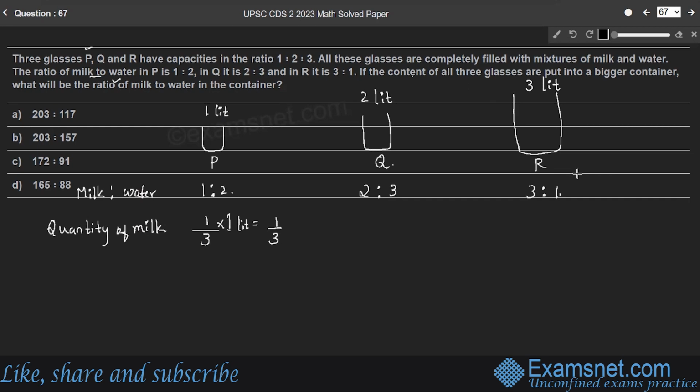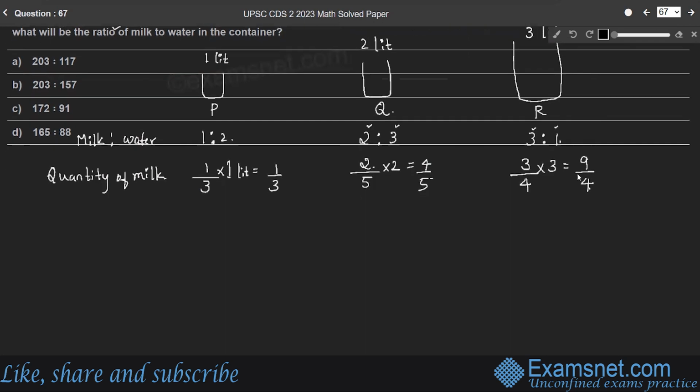In the second container, since the ratio is 2:3, out of 5 parts, 2 is the quantity of milk. Therefore, out of 2 liters, it is 4 by 5. In the third container, 3:1 is the ratio, so out of 4, 3 is milk. Therefore, for 3 liters, it is 9 by 4.